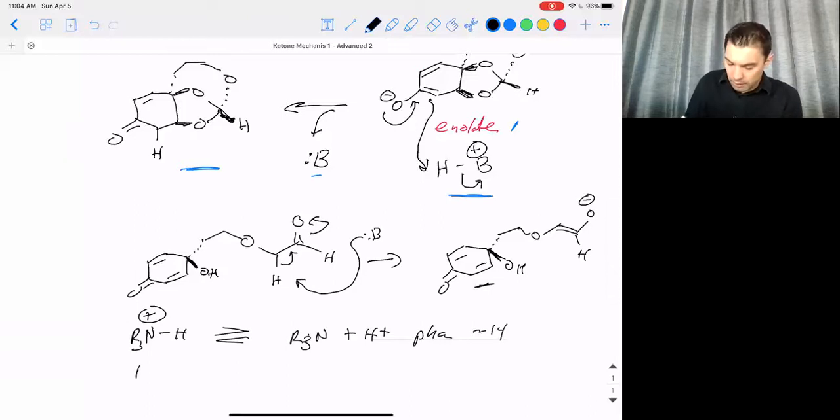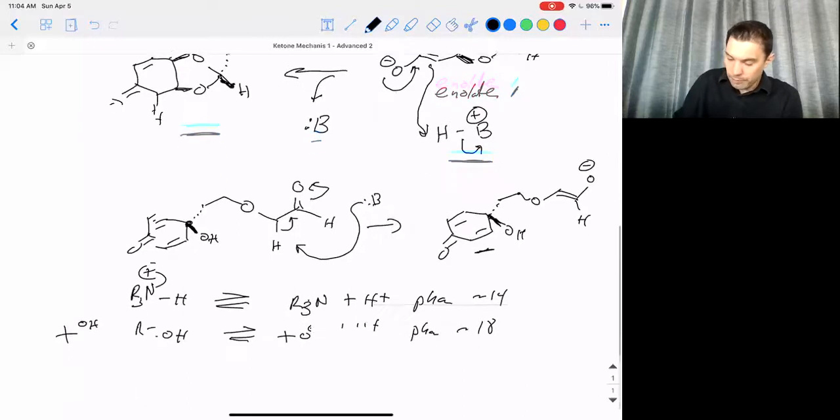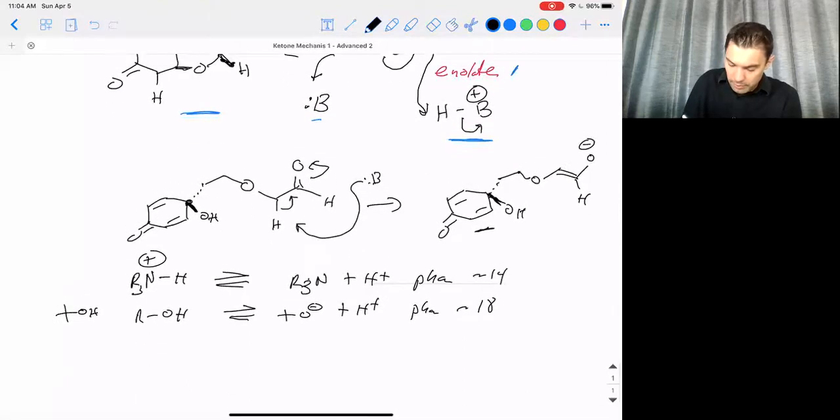The ROH, and in this case, it's a tertiary alcohol, so something like this. So maybe instead of just being ROH, we could look up tert-butanol as a specific example. This going to tert-butoxide plus H plus should have a pKa of about 18. And then that should actually be very close to the pKa of an aldehyde at the alpha position.